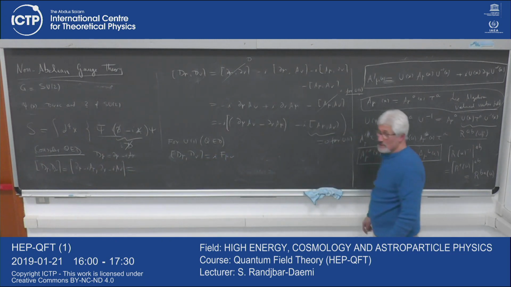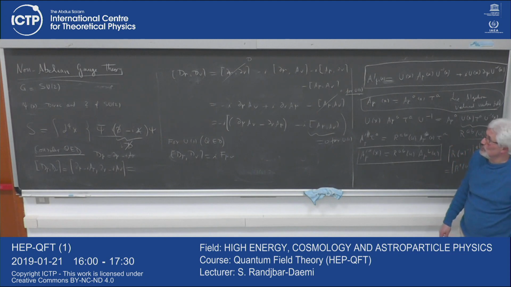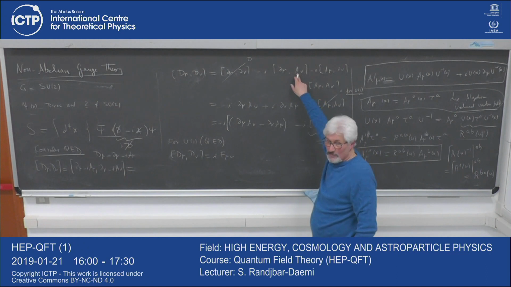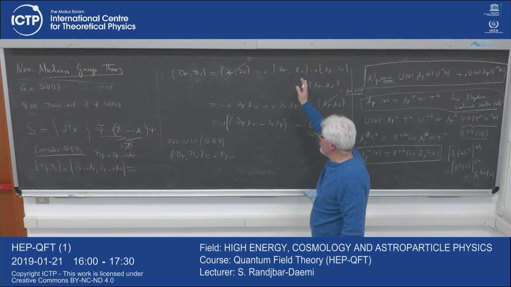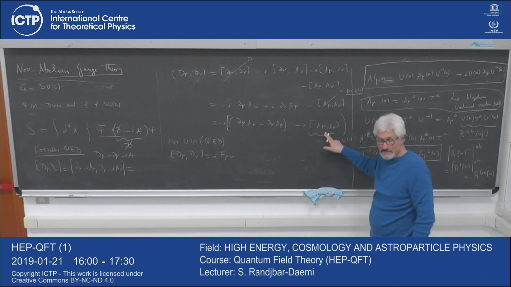We could do the same calculation for the SU(2) case, for the non-abelian case. The calculation will go through because there A will become a 2 by 2 matrix, as we have been discussing before. Therefore, the computations can be done in exactly the same way, except that this term will not be 0.